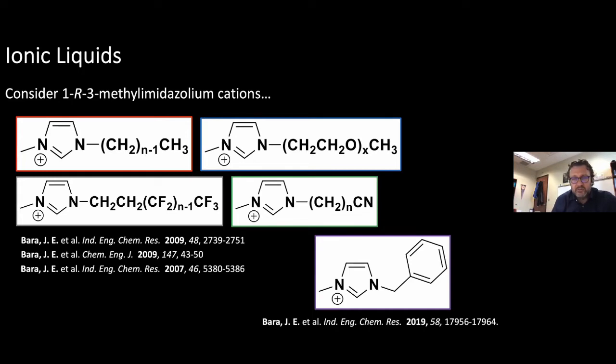Back when I was working in Colorado in the group of Rich Noble and Doug Gin, we were exploring a lot of different things, the influence of the side chain on the properties of ionic liquids and how they would interact with gases like CO2 for separations. We had alkyl groups, ether groups, fluorinated groups, nitriles, and ultimately also benzyl or phenyl aromatic groups.